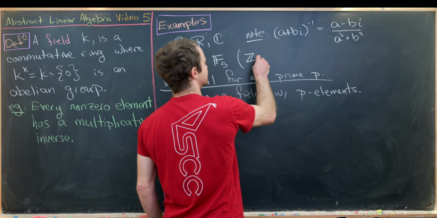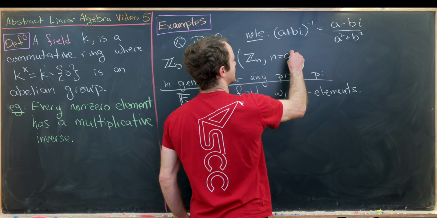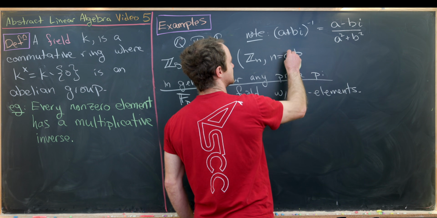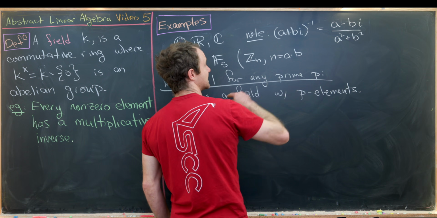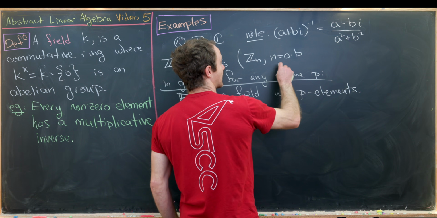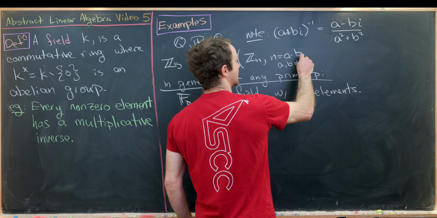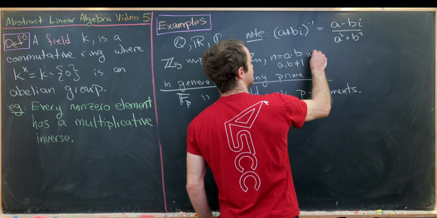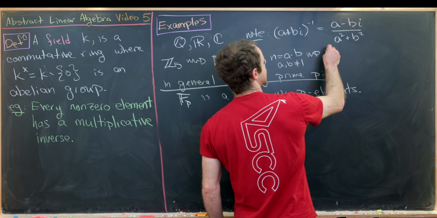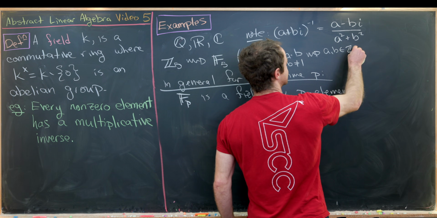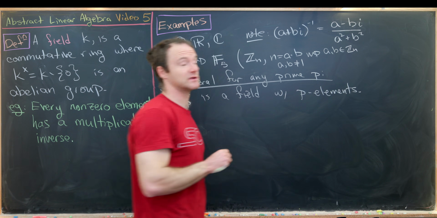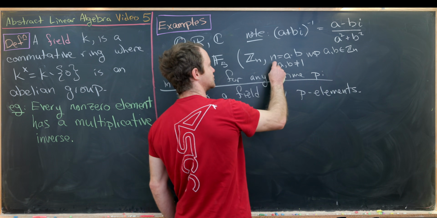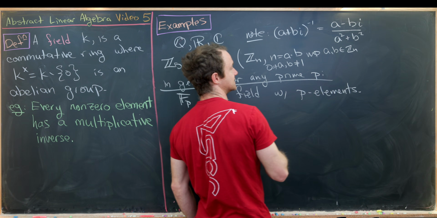So let's say we have Zn with N equals A times B. So that's a factorization of N, where A and B are both not equal to 1. So it's like a non-trivial factorization of N. So let's notice that A and B are both in Zn, and they're both not equal to 0.